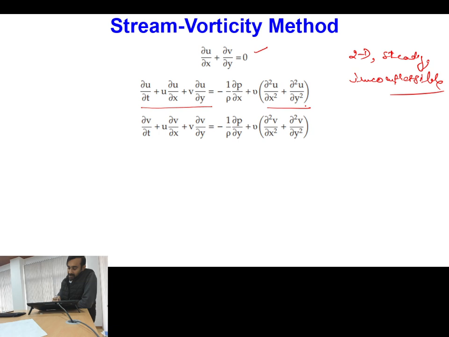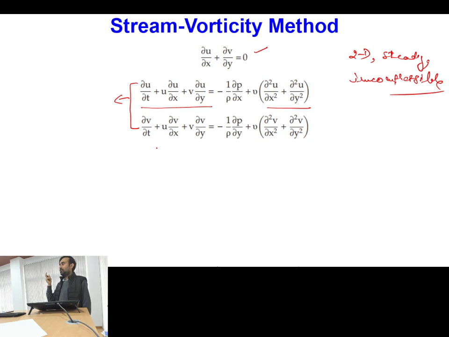One important point here, the steady assumption is not invoked because the del u by del t and del v by del t terms are there, so that means we are not yet including the steady assumption. Okay, now what we need to do is convert these equations in terms of the stream function and the vorticity field.